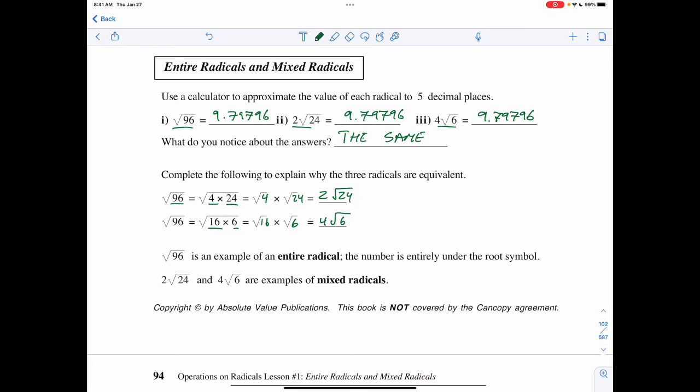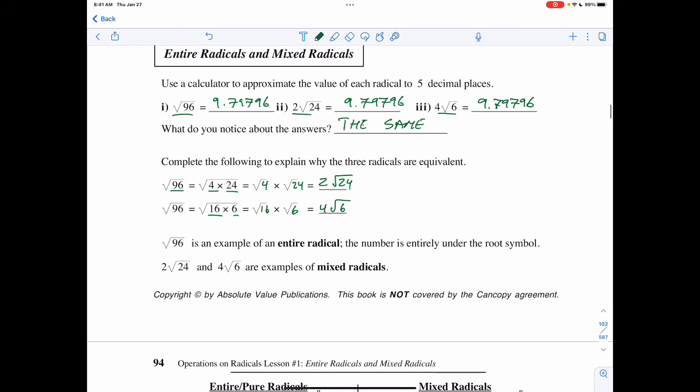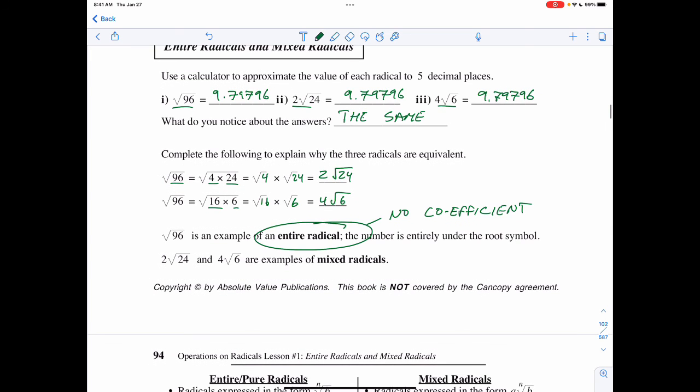So they're all equivalent because they're just different forms of the multiplication of radicals. The square root of 96 is an entire radical because there is no coefficient. 2 root 24 and 4 root 6 are mixed radicals because they do have a coefficient, which we can see here and here.